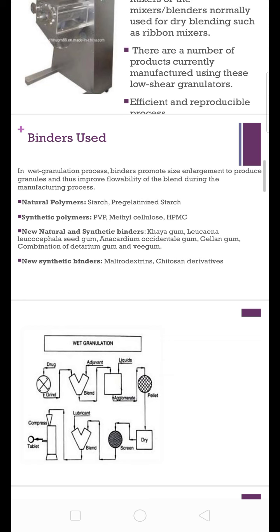These are called synthetic polymers and can have binding tendency. The newer natural binders are Chia gum, Leucaena seed gum, Anacardium occidentale gum, Gellan gum, and a combination of Guar gum and Xanthan gum. Some new synthetic binders are chitosan and maltodextrin.